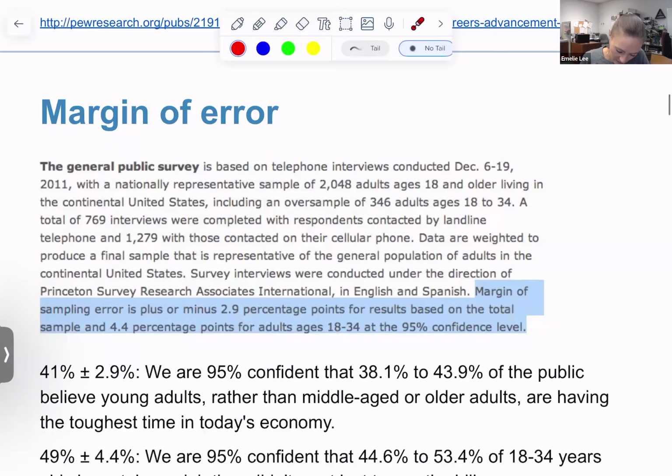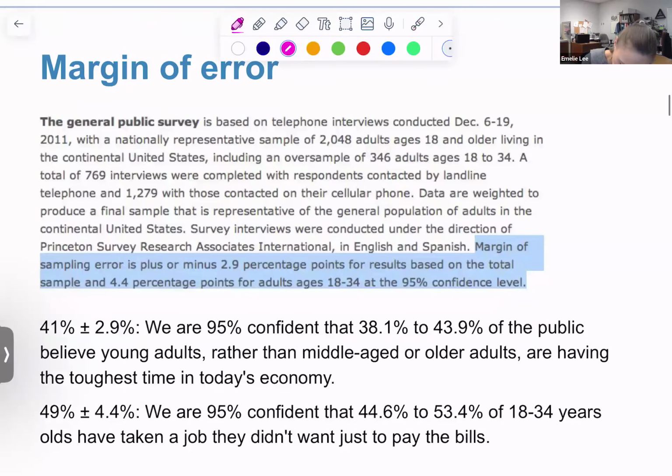Okay? And so here, based on the total sample, which is the public. Okay? And then the buffer that we have for the 18 to 34-year-olds is 4.4%. Okay, and then here at the 95% confidence level.